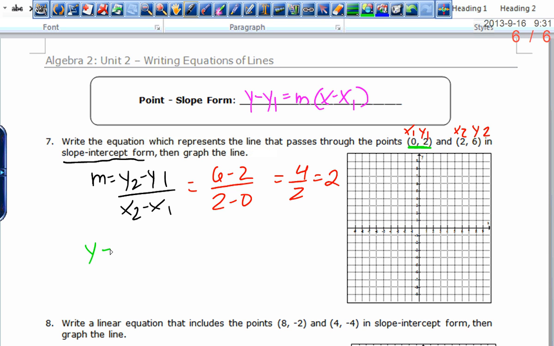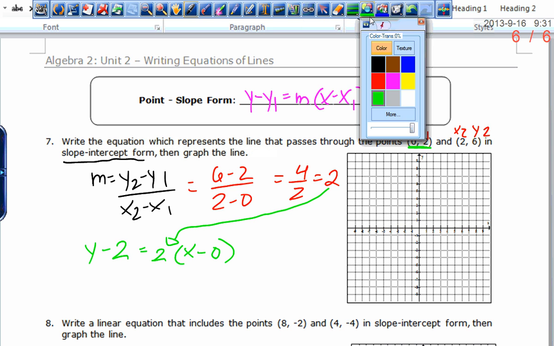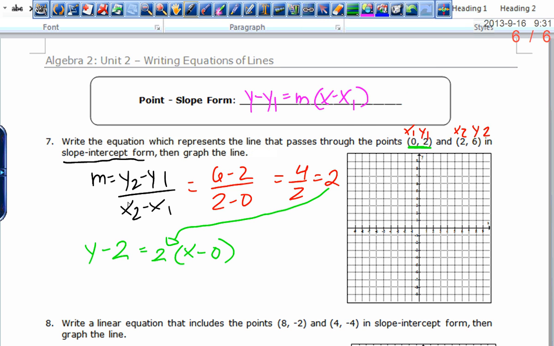So y minus, my y value is 2, equals my slope, we just found it. So 2 times x minus, my x1 is 0. Now I need it in slope-intercept form, so I need it in y equals.